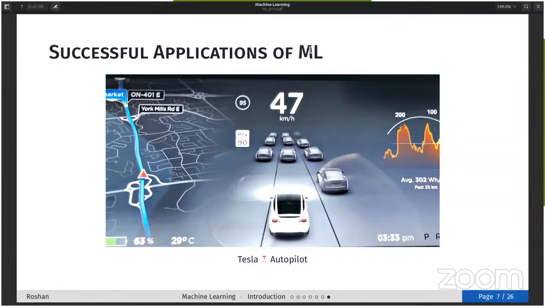Anything you can think of. Even the Google search you do daily is based on machine learning. Google search, then you interact with Google Assistant or Siri, that is also based on machine learning. Yeah, Google Bard, that is also machine learning. Recently there was something called Gemini from Google, again beating ChatGPT and everything. Yeah, these are all successful applications of ML.